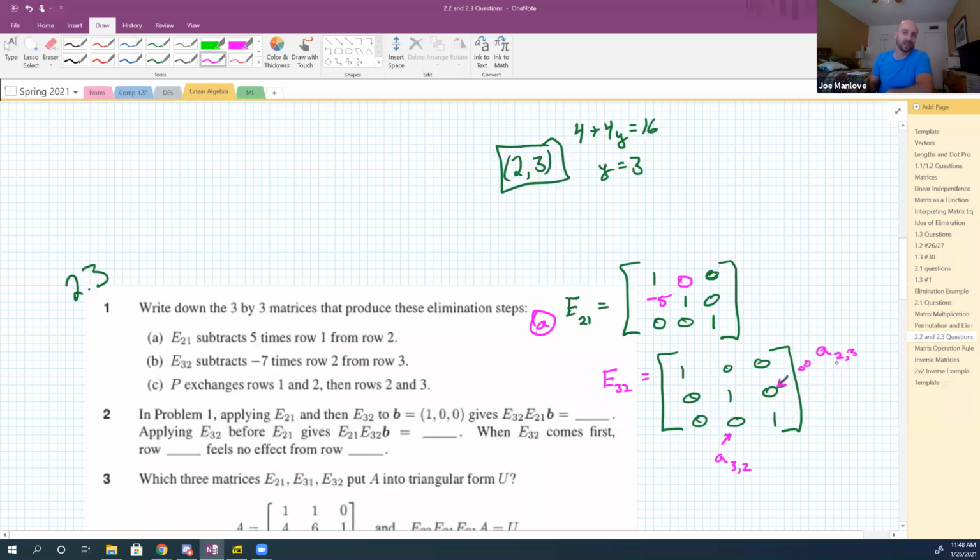So addressing is done the same way matrix size is done. It's just row by column. Now, does it make sense that if I want to mess with rows 2 and 3, I should probably be looking at the 3, 2 and 2, 3 entries? Does that sort of follow? I can't tell whether you guys are bored or confused. And this is maybe confusing, so I need to know where you're at.